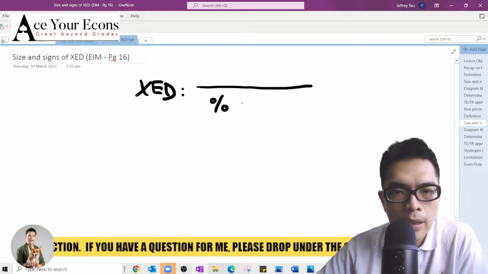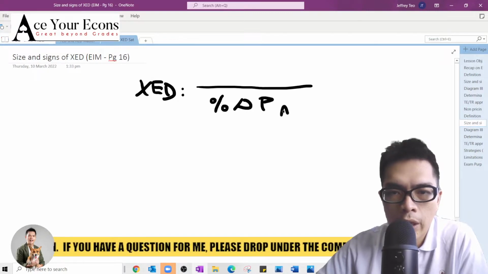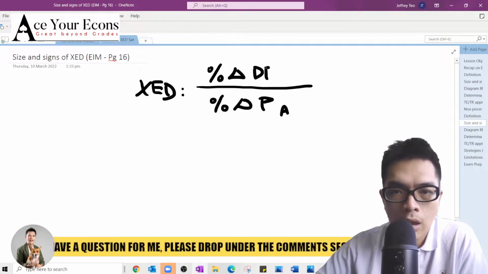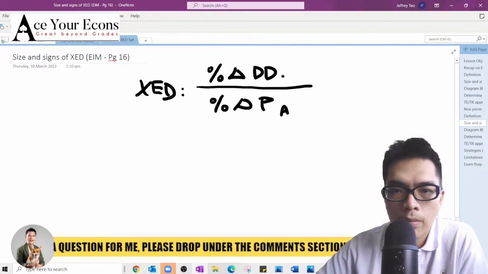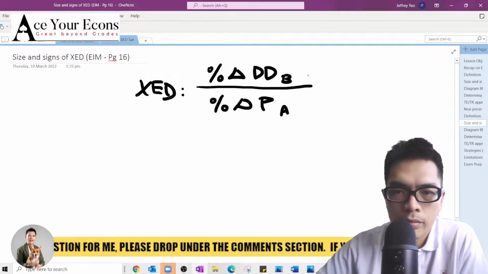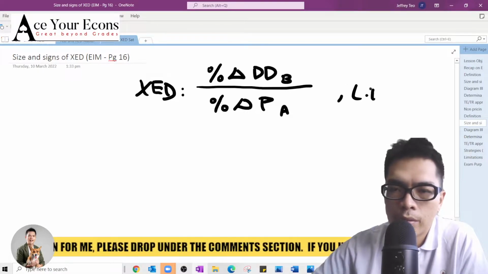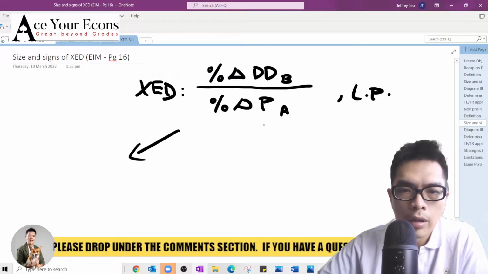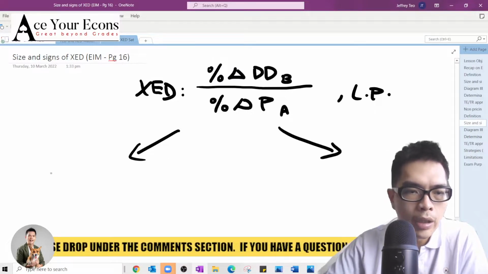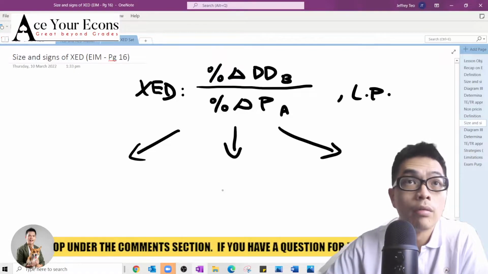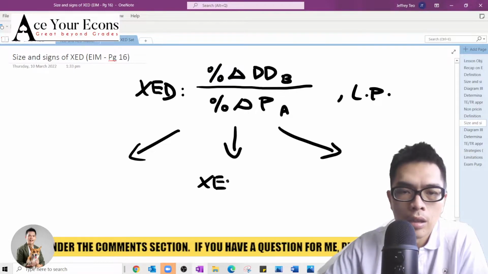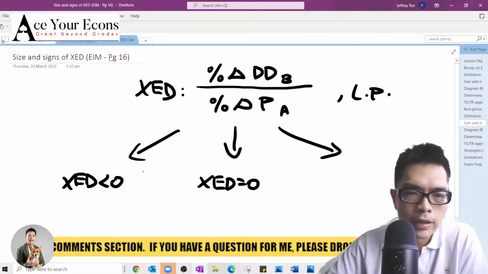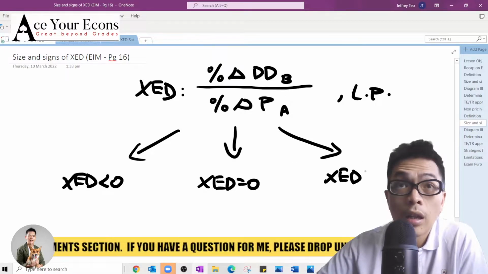We are concerned about the percentage change in demand or quantity demanded for good A in response to the percentage change in price of good B, ceteris paribus. And as usual, there are going to be three signs: XED equals 0, XED smaller than 0, and XED greater than 0.